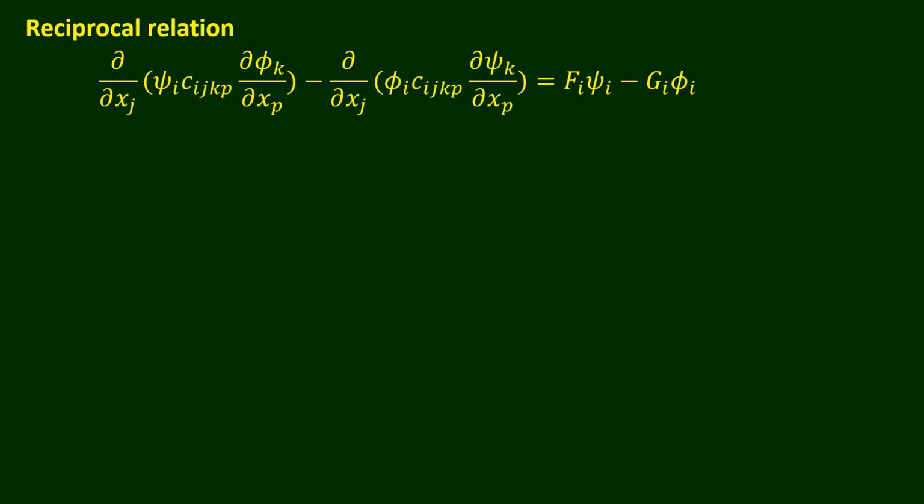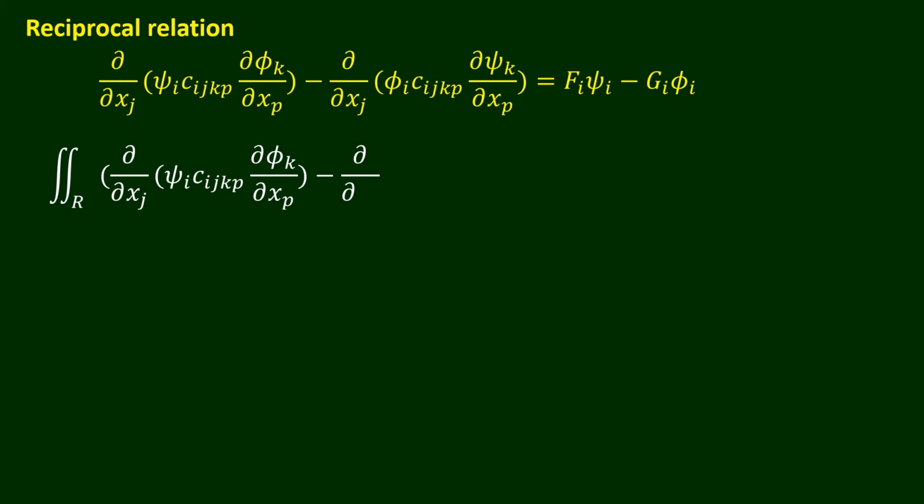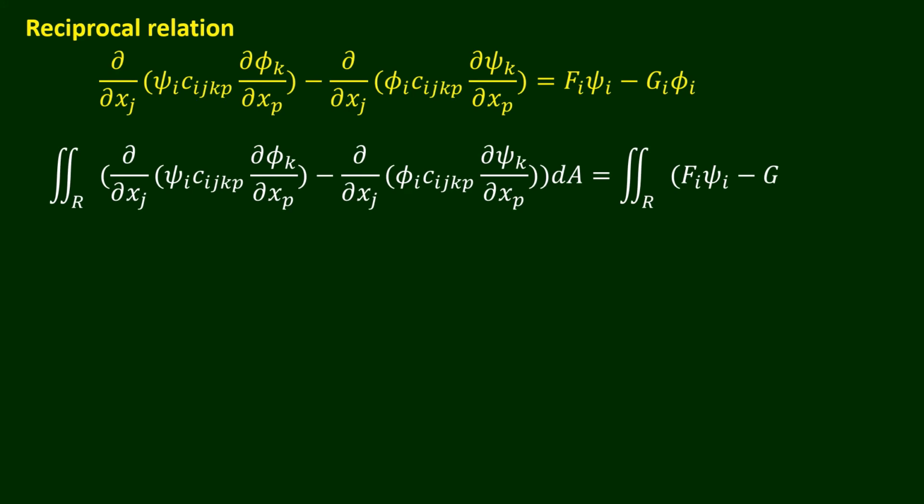Integrate the equation that we just derived over the region R to obtain double integral over R, del over del xj, psi i C ijkp del phi k over del xp, minus del over del xj, phi i C ijkp del psi k over del xp, dA equals double integral over R, fi psi i minus gi phi i, dA.